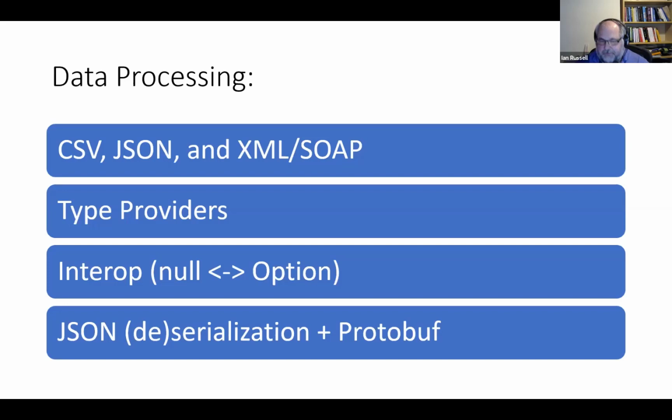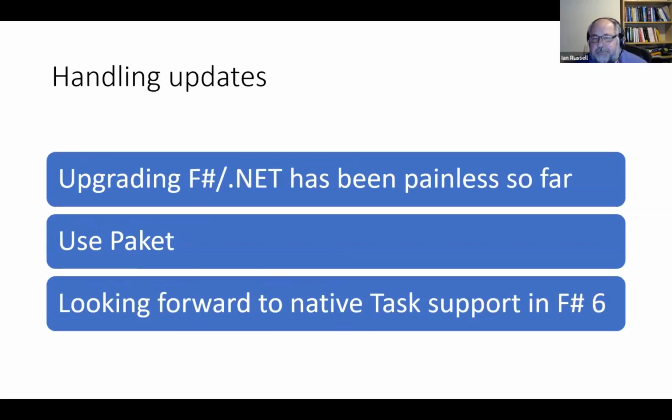And the converse as well. So when you want to convert something from F# back into something that can be used outside in other languages, then you can convert from the option to a standard .NET nullable type or a standard C# object. We also do some protobuf stuff as well. All the protobuf stuff works with F# perfectly well. As I said, all the JSON stuff works really well as well.